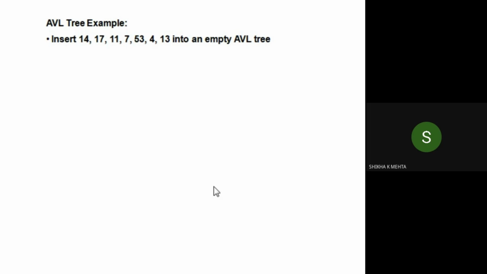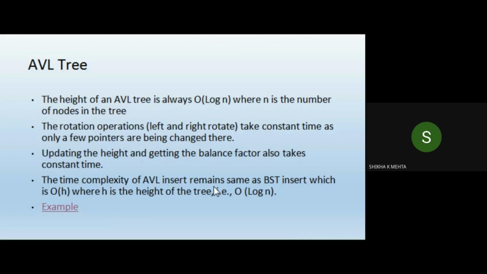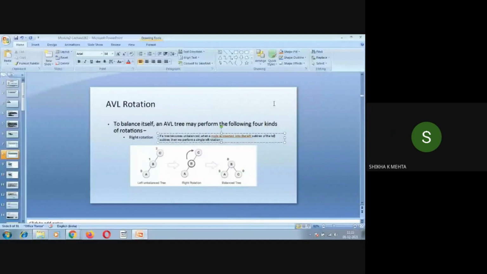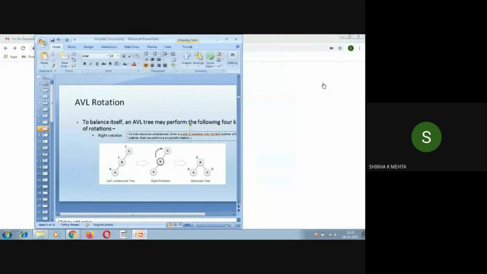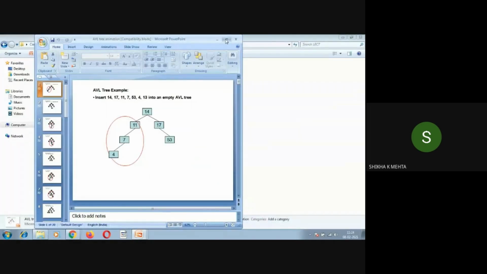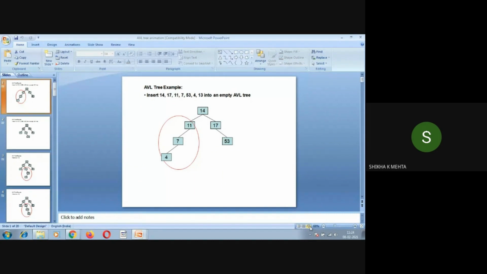And tell me whether it is balanced or unbalanced. Okay, anyway, I'll just show you.